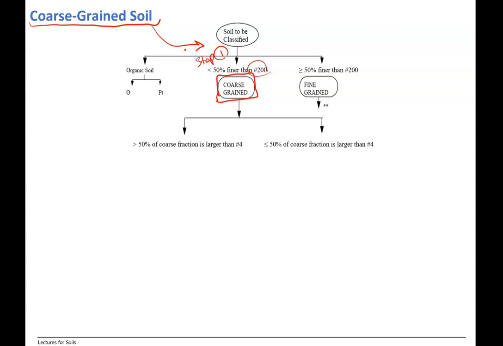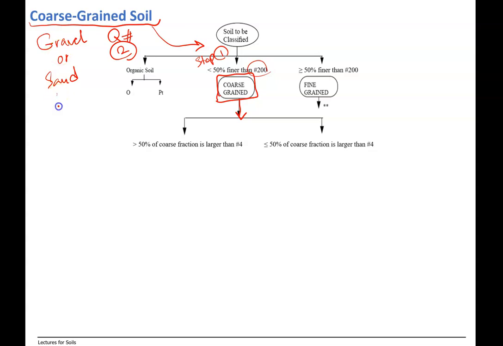We already answered question number 1. Now we know that we have a coarse grained soil. So our step 2 is, which one do we have more, gravel or sand? That's question number 2, if we have a coarse grained soil.